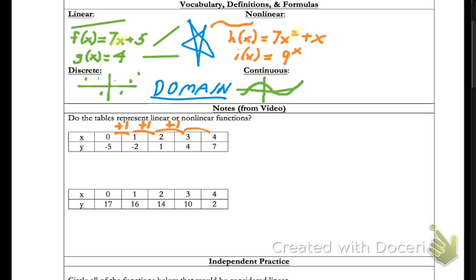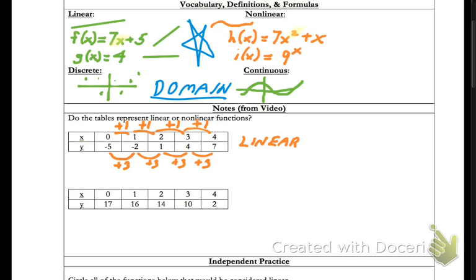From 2 to 3, and from 3 to 4. Now you'll notice from the y values, from -5 to -2, we've got to go up 3 to get there. From -2 to 1, we've got to add 3 to get from -2 to 1. We also know 1 plus 3 is going to give us 4, and 4 plus 3 is going to give us 7. This is an example of a linear function.